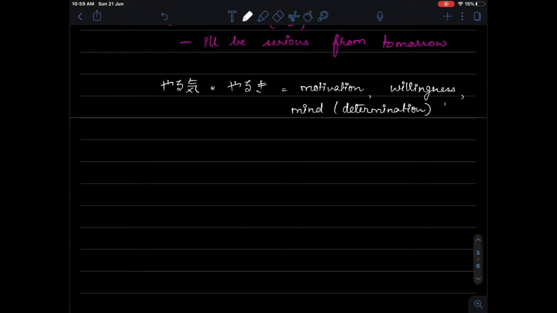Basically mind to do something, that is determination to do something. Okay, yaruki. Here, for those of us who've been studying, yaru is also another verb used to mean do. So it is like doing spirit, right? Doing spirit. So what is doing spirit? It is motivation. Okay, that's how you can bear that in mind.